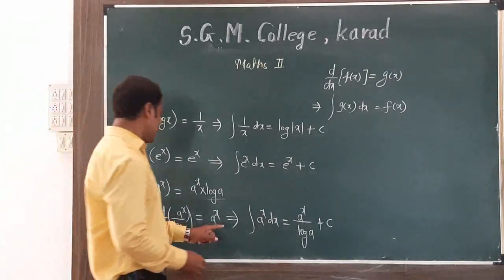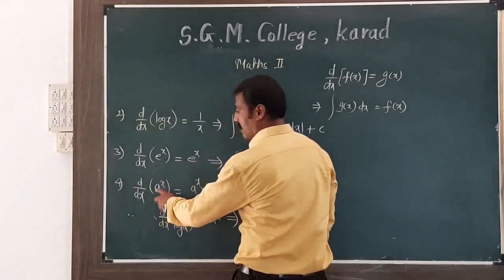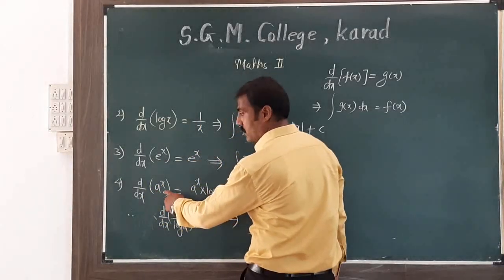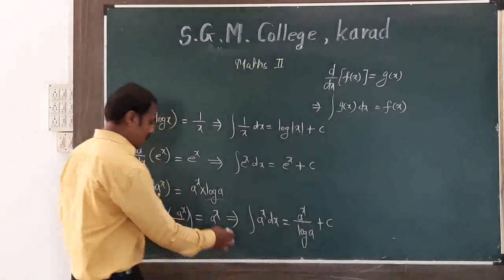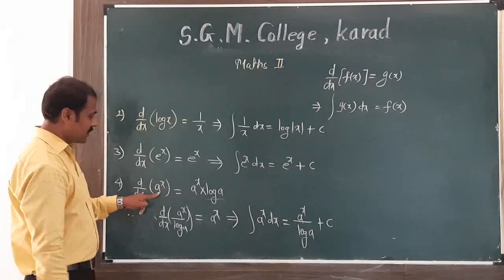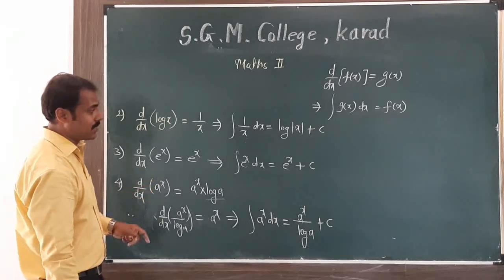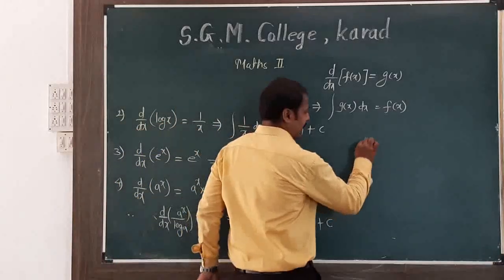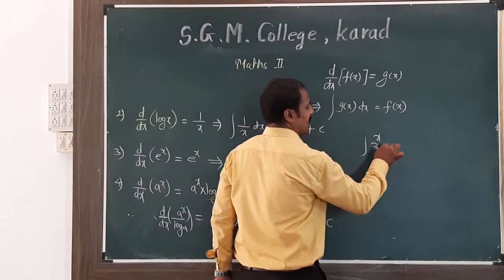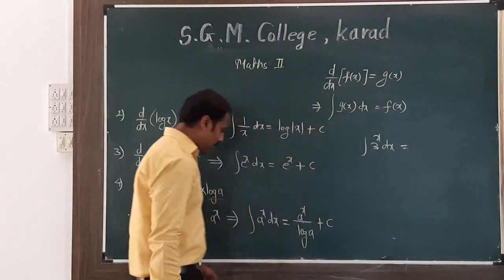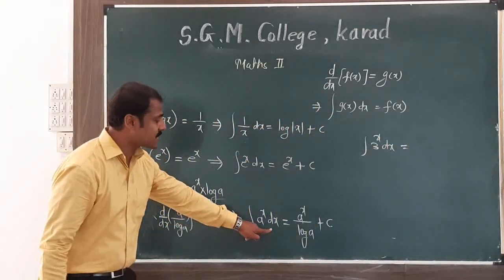Okay. For example, remember here to use the formulas of derivative or integration. Here a is a constant term while the power is a variable. For example, integration of 3 raised to x dx is equal to, look here, integration of a raised to x dx is what?